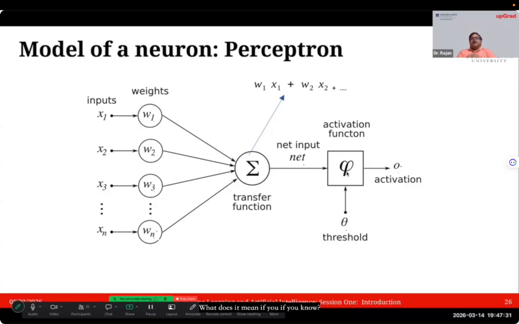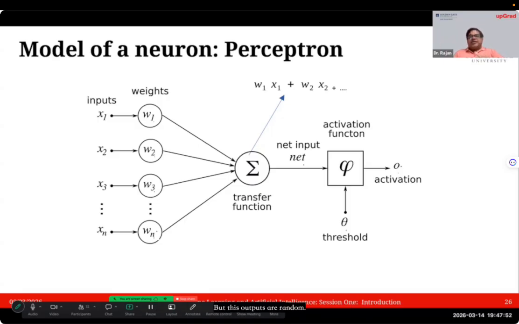What does it mean? If you have studied neurobiology in your higher secondary or in your college days, you would probably know this. This is what happens in a neural structure. A neuron, whether there is input or not, is always sending out some output.